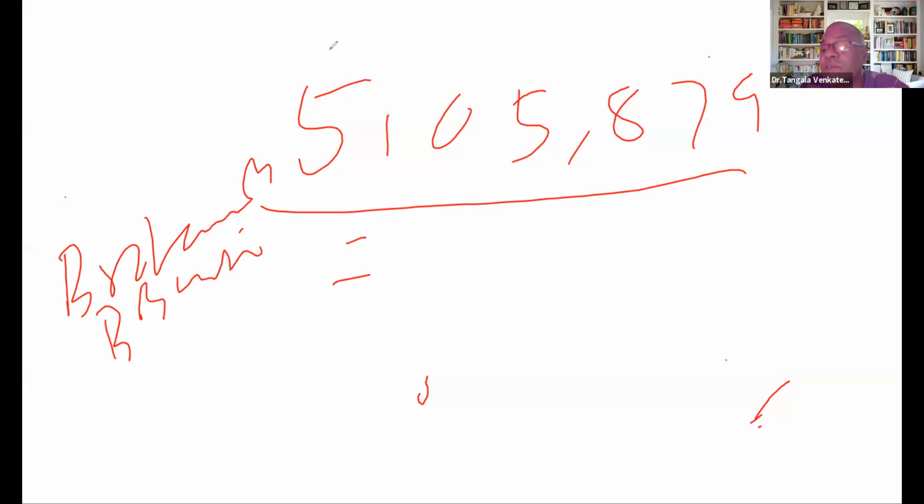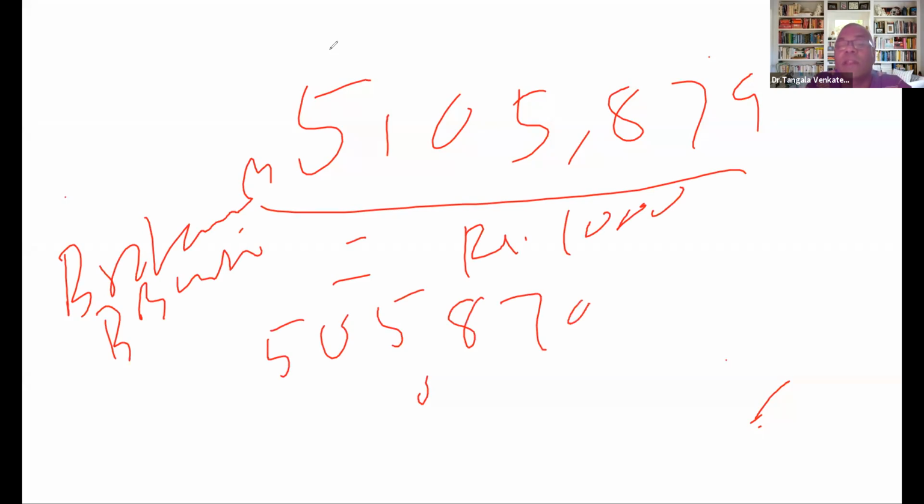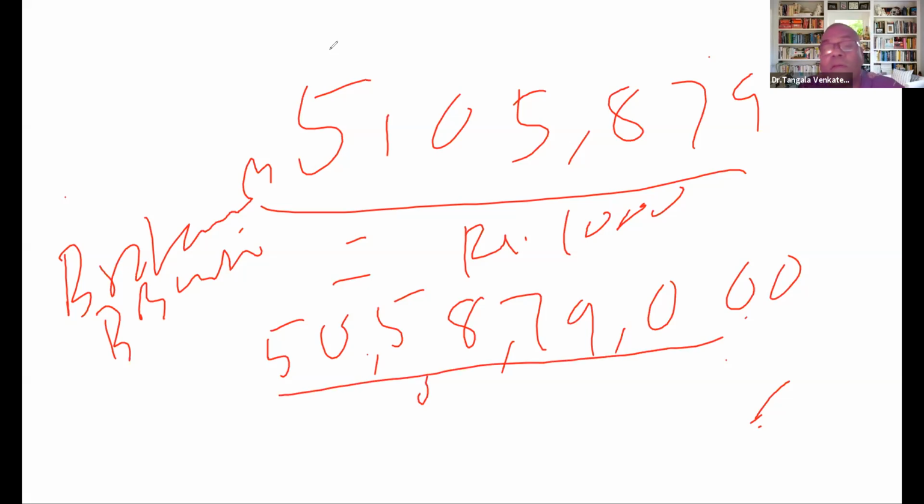If each outlet sells 1,000 rupees worth of biscuits daily, what is the revenue made by Britannia? 5,05,879 outlets. What is the revenue made? 50 crores in a day. In a month, 1500 crores. In a year, 18,000 crores.